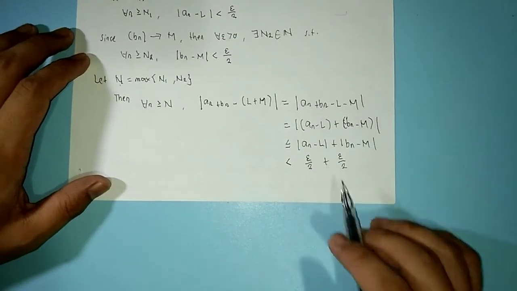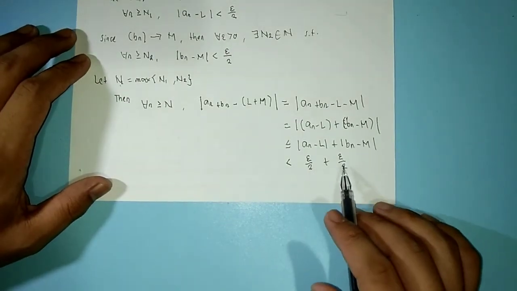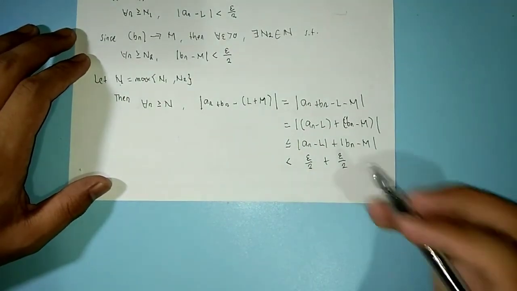Okay? Now, since epsilon over 2 plus epsilon over 2, this is equal to epsilon.